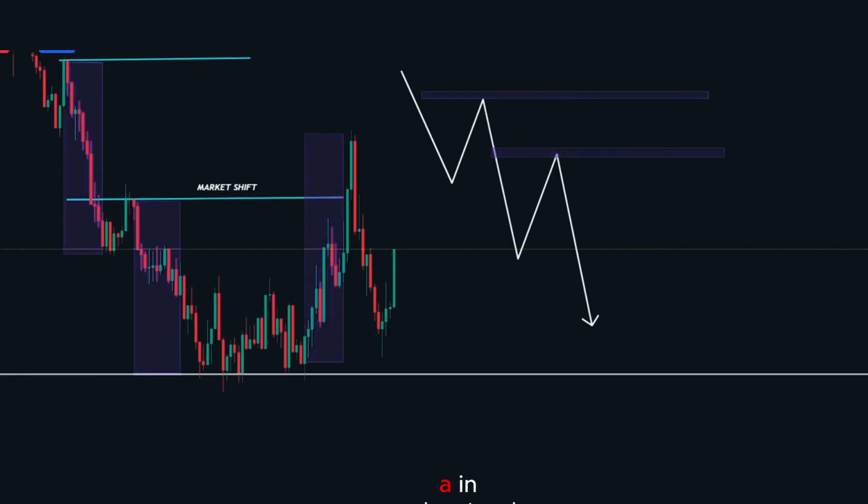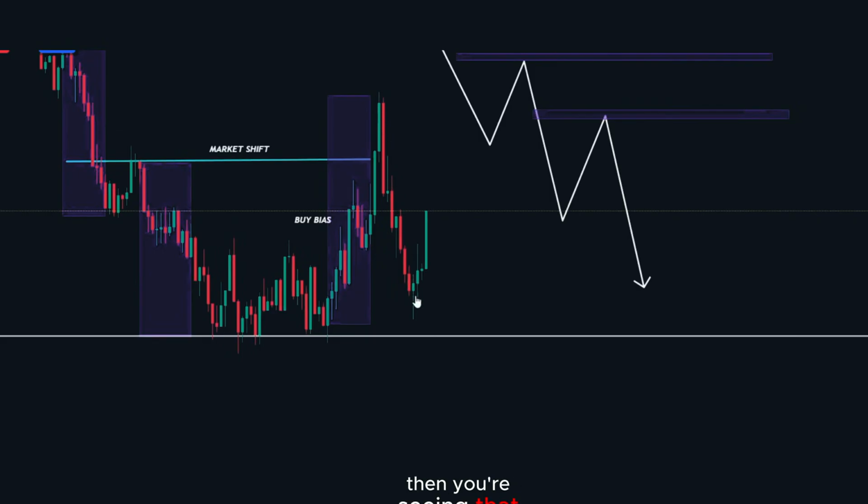Because if you're in a downtrend, we need to see the sellers respecting these highs here. So at this point, you're seeing that this high is being broken. So this one is going to be our new bias. So we shall have our buy bias at that.